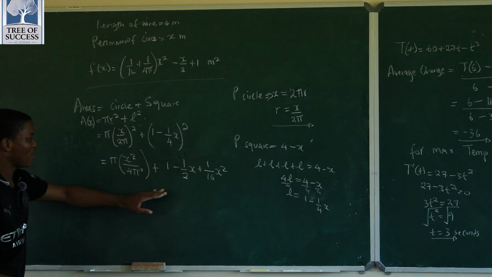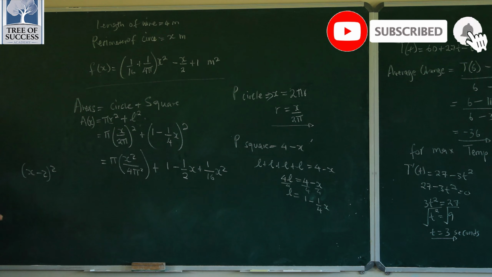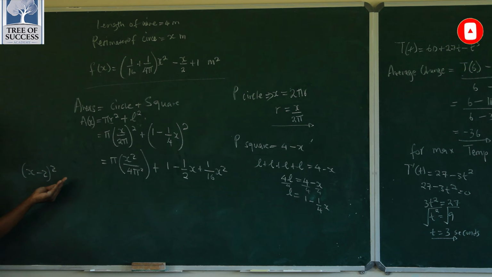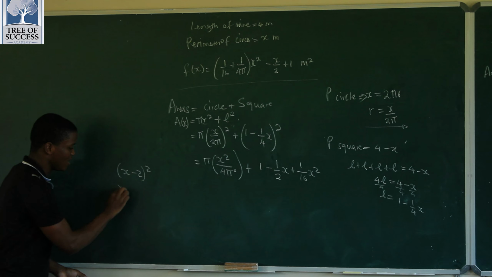So what did we do to get this product? Usually if you have x minus 2 all squared, I would open brackets and multiply each term. The simplest way is to square the first term, find the product of the terms, and then square the last term. So x all squared is x squared.